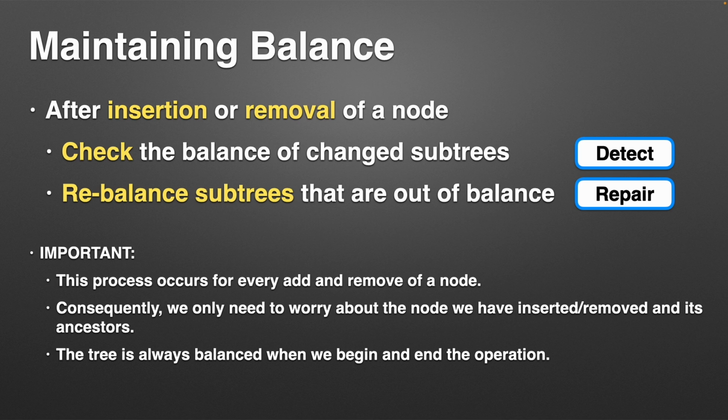When you insert it, it will be a leaf, so it won't have any children. But everything above it, all the way up to the root, has to be looked at to see if things have changed, because that's what's affected. Anything else that's not in that path is fine, by definition. It hasn't changed at all. So this is also pretty efficient. And so the tree is always balanced at the beginning and end of our operations.